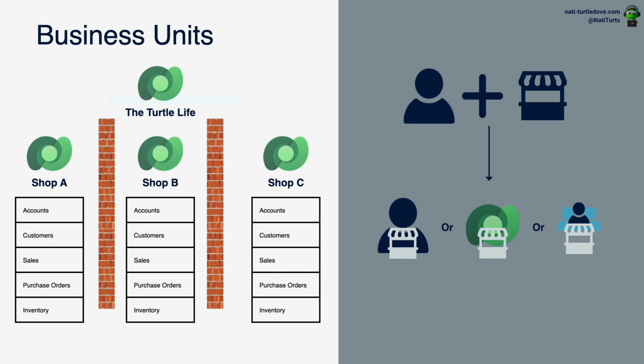However, they want to separate their data to make sure that each location's sales and transactions belong to that location, not to the Turtle Life organization as a whole. So that have shop A, B, and C. It can be in 3 different locations, and those would be our 3 child business units for the big Turtle Life parent business unit.